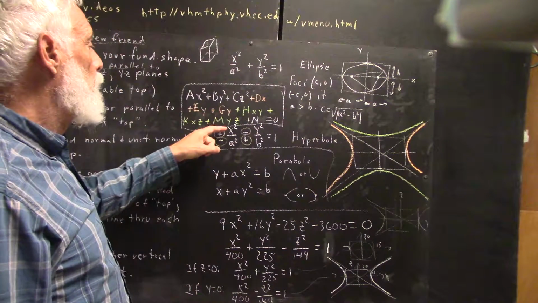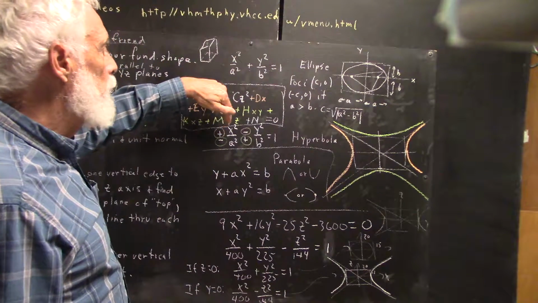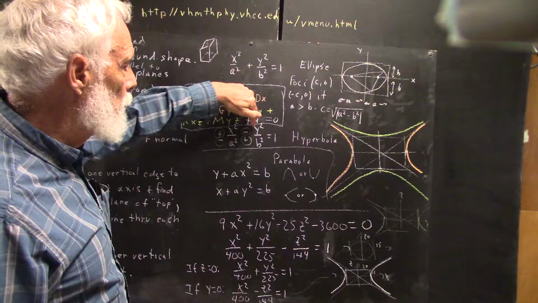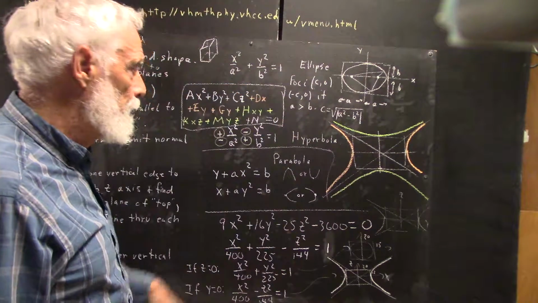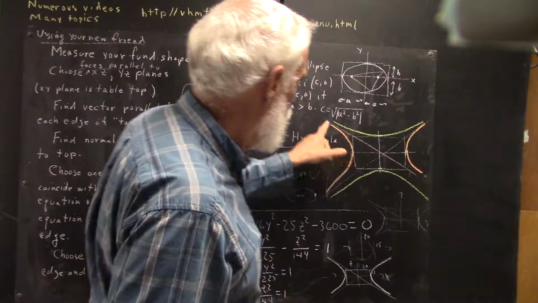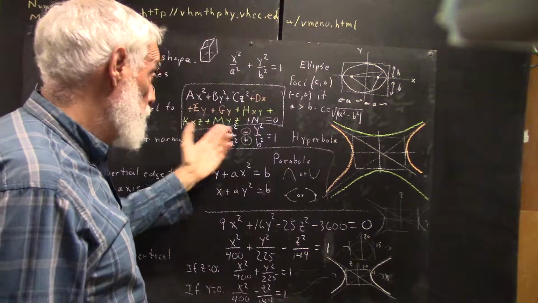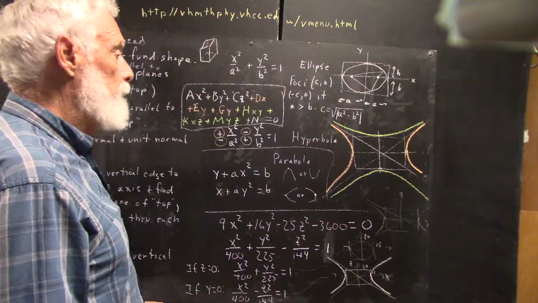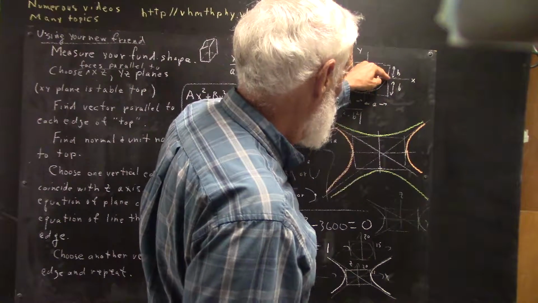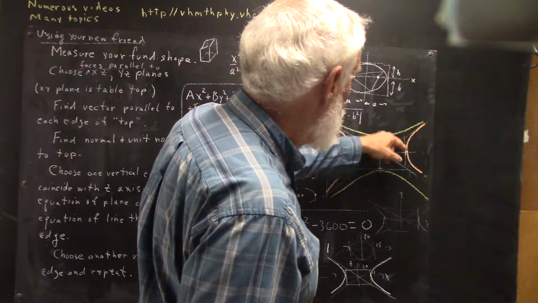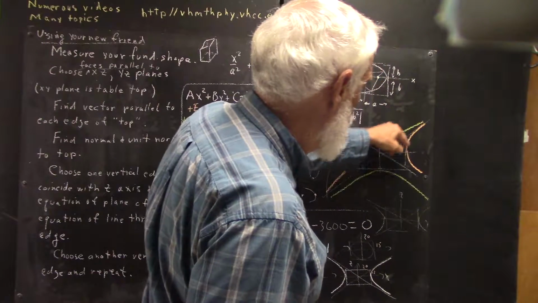Now, if the x squared term is positive and the y squared term is negative in this form, your hyperbola is going to be here, the orange hyperbola, corresponding to the orange circles I've got around the plus and the minus sign. Okay? The vertex will be here, just like you have a vertex for the ellipse, but the hyperbola opens this way.